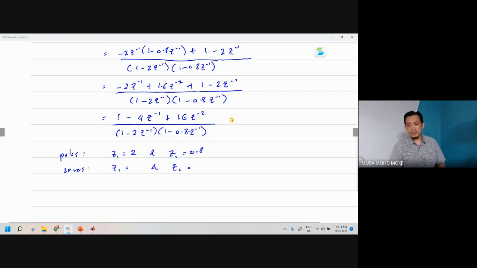Do that now. What will you get? You should have 2 roots because this is to the power of minus 2. I give you 1 minute.